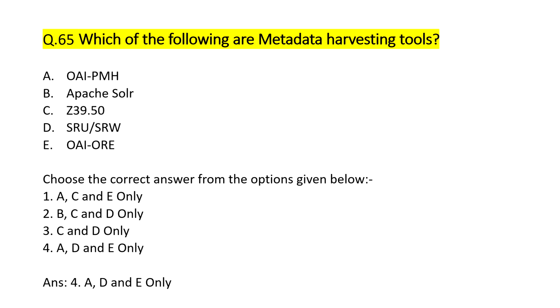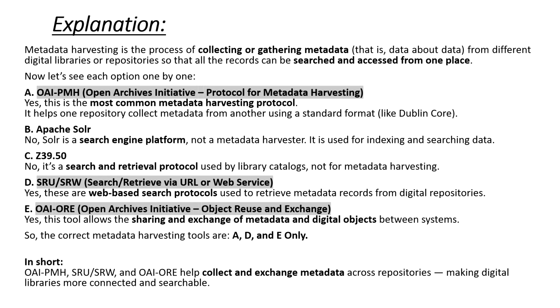The correct options are A, D, and E, that is OAI-PMH, SRU/SRW, and OAI-ORE. Metadata harvesting is the process of collecting or gathering metadata from different digital libraries or repositories so that all the records can be searched and accessed from one place.